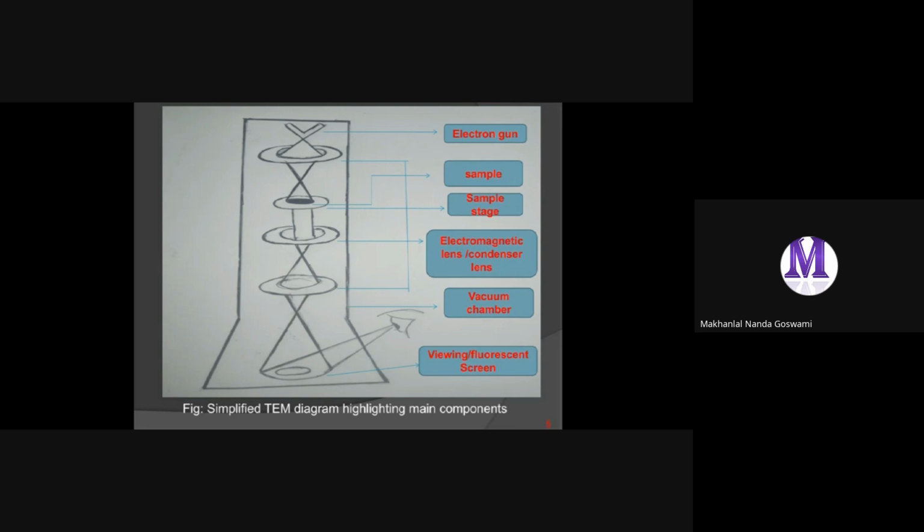Then the objective lens. This focuses the transmitted electrons after they pass through the specimen to form a magnified image or diffraction pattern. Last, we have the imaging system.